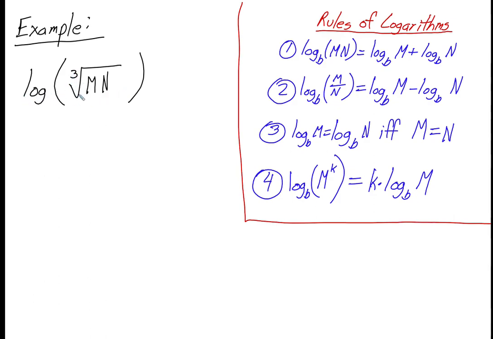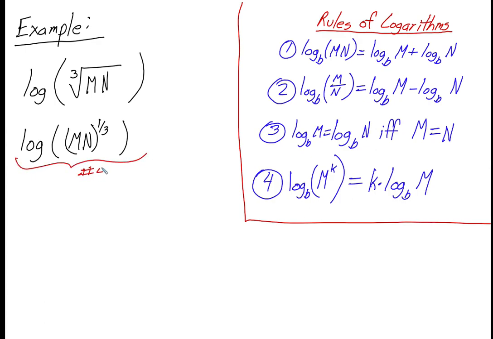Well, first thing I would do is I would say, hey, that cube root is really an exponent of 1/3. And since both the m and the n are inside the cube root, they're both being acted on by the 1/3. And then I might apply rule number 4.